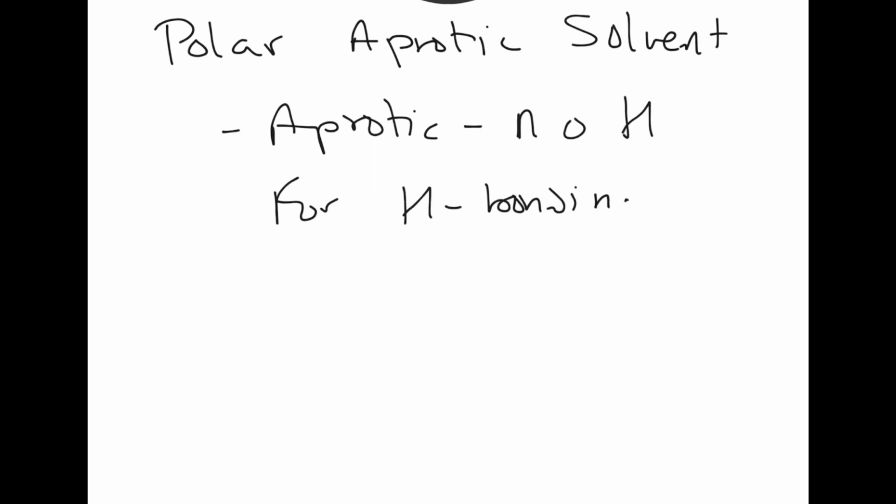So aprotic just means that you do not have hydrogens in your solvent that are available for hydrogen bonding. So the molecule is polar, but it has no hydrogens for hydrogen bonding. Do you guys remember what you have to have when a hydrogen is available to do hydrogen bonding? There are like 3 types of hydrogens.